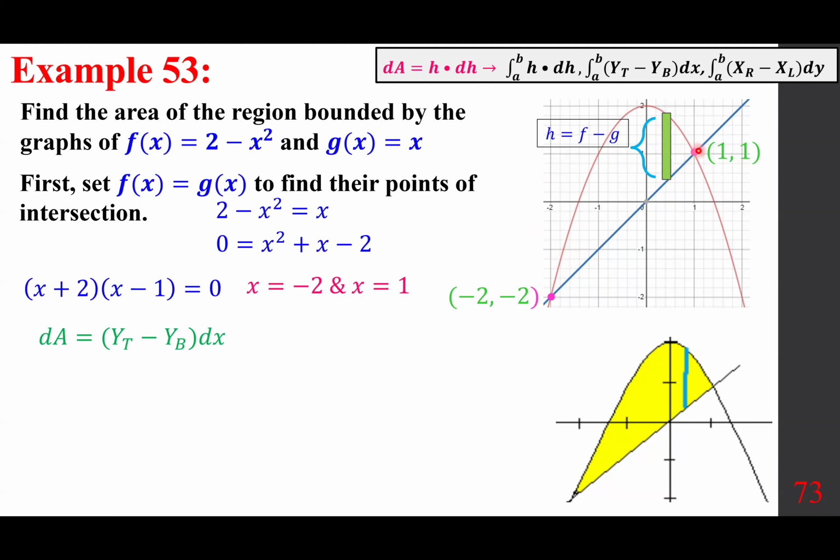Think about this: you move it to the left. So y of the top, 2 minus x squared, minus y of the bottom, x, and we integrate this from x equals -2 to x equals 1.